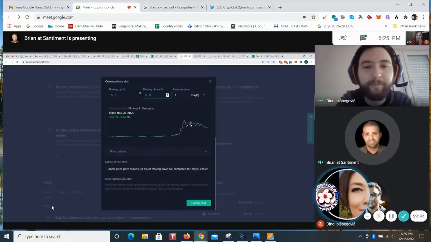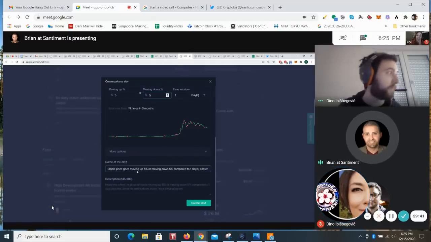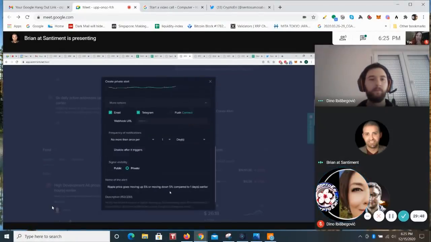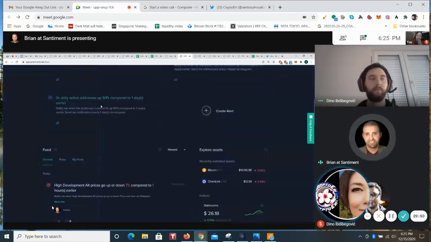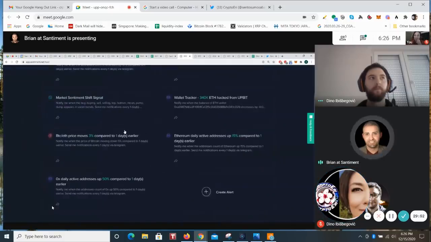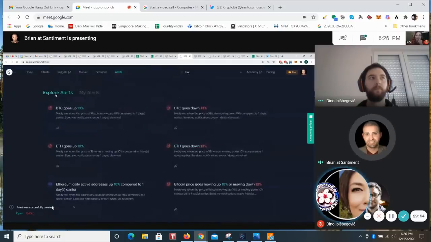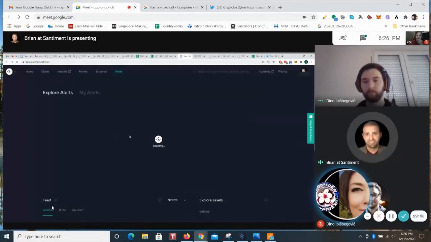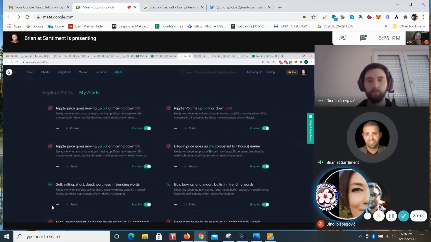Mm-hmm. And you can get some context for how often you're going to receive this alert over a given time period here. So you can basically create the alert. You can go to more options and say email, Telegram, push, all of the above, and then click create alert, and you will have it up as your special alert to let you know every single time this threshold is crossed, up or down.